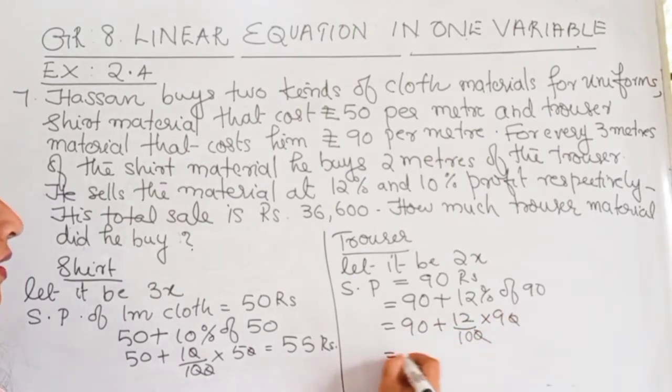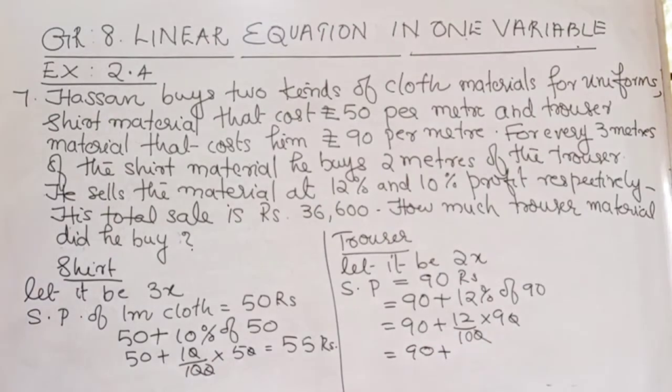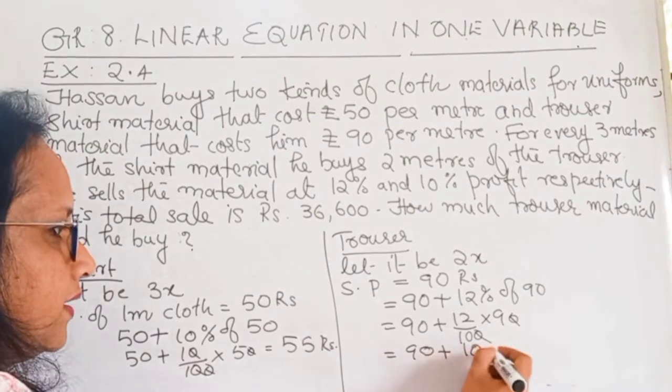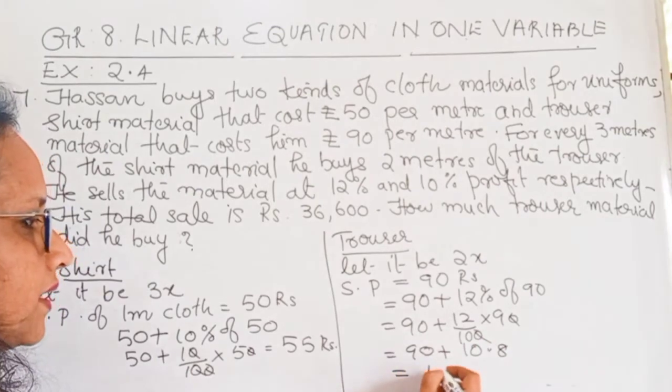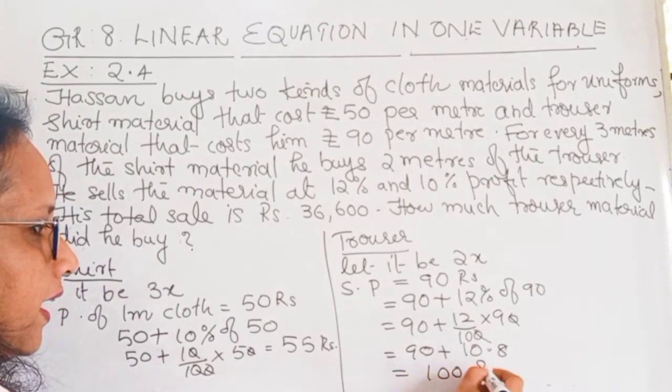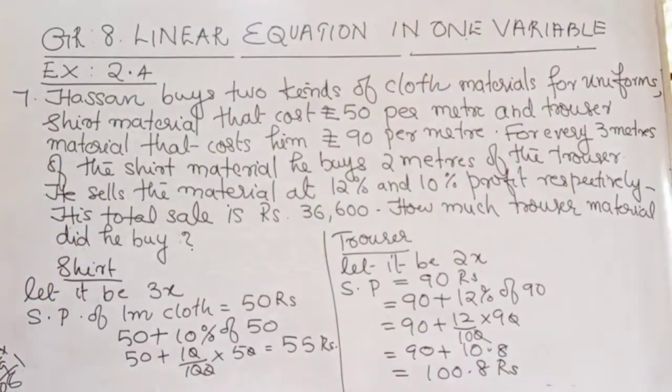We can find what 12 nines are. 12 nines are 108. So 108 by 10, children, you will get 10.8. So the total is 100.8 rupees. That is the selling price of 1 meter of trouser cloth, and this is the selling price of 1 meter of shirt.